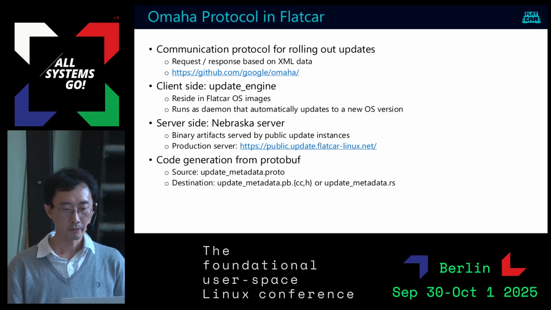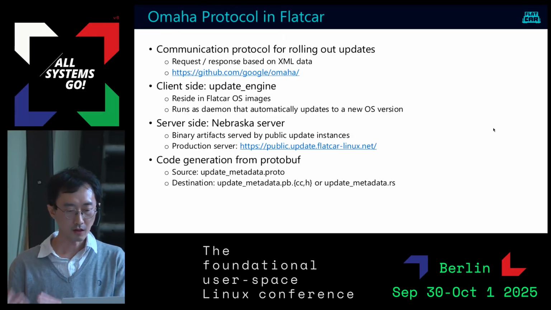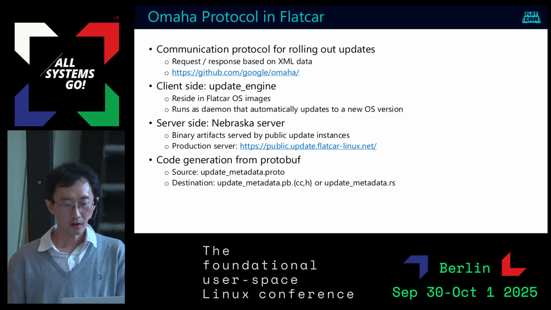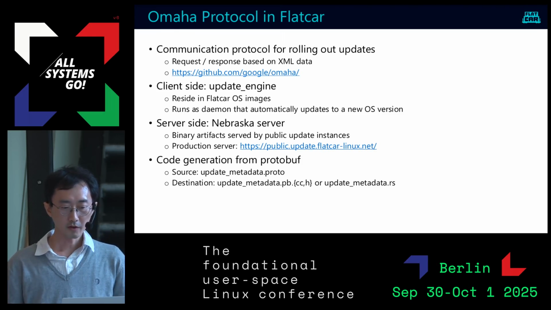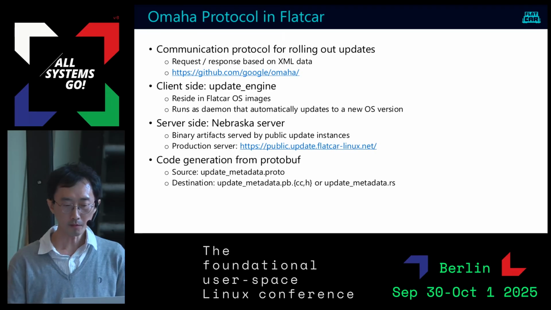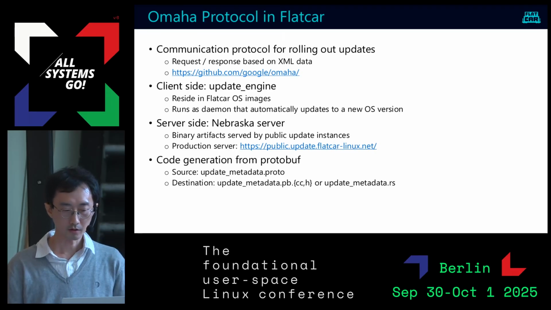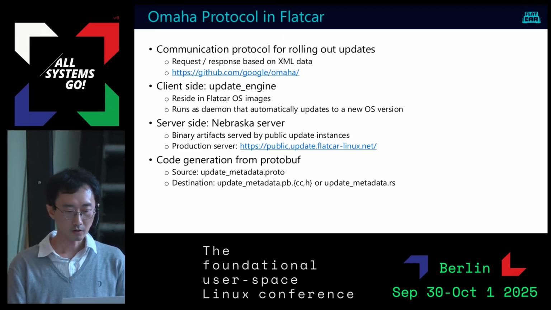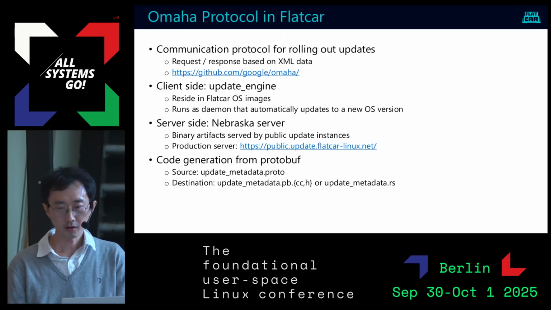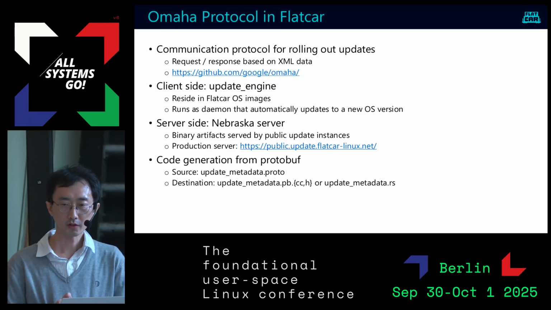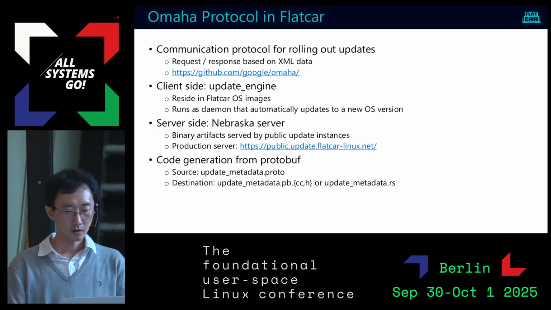The other side is the server side, which is a Nebraska server that holds all the binary artifacts served by public update instances. For example, public.update.flatcar-linux.net is the default production server for Nebraska. Nebraska is also an open source project under the Flatcar GitHub org.